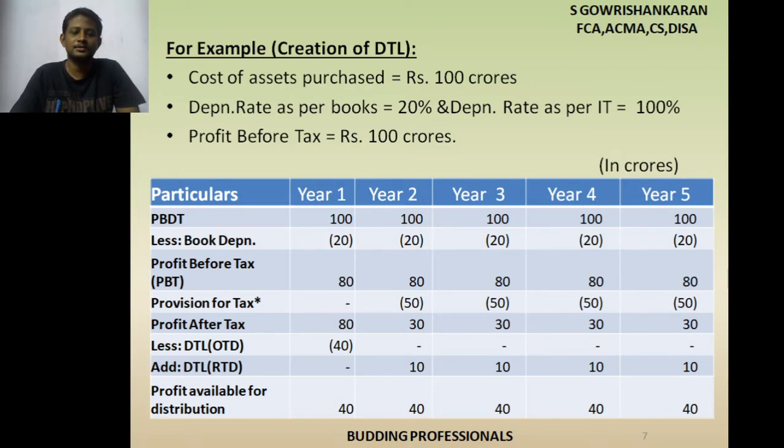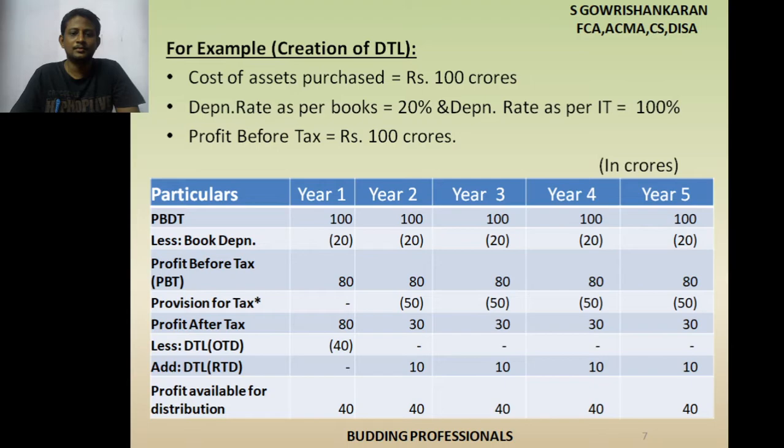So the cost of asset is given as 100 crores. Depreciation is 20% as per the Companies Act, that is as per books. As per the Income Tax Act, depreciation is 100%, and profit before tax of this company is 100 crore. This is the question. For this, we have to identify the creation of deferred tax liability.